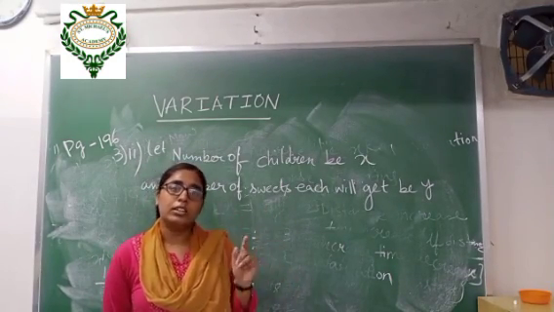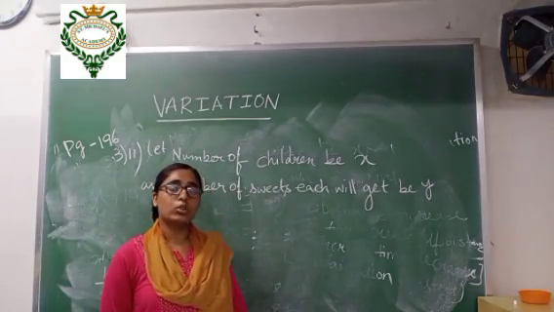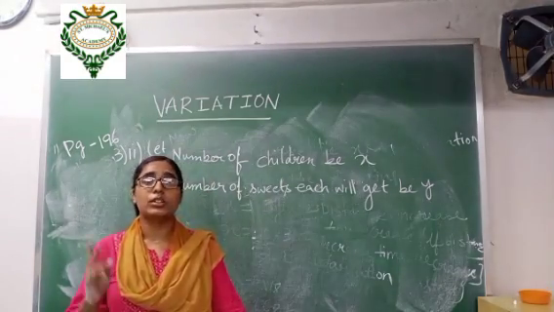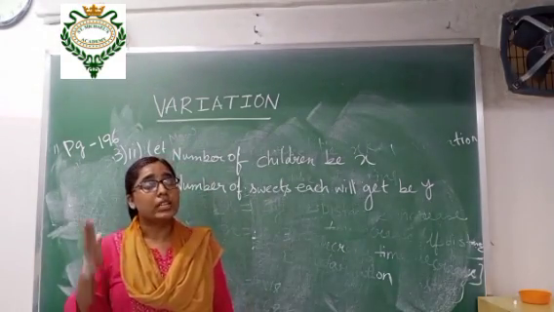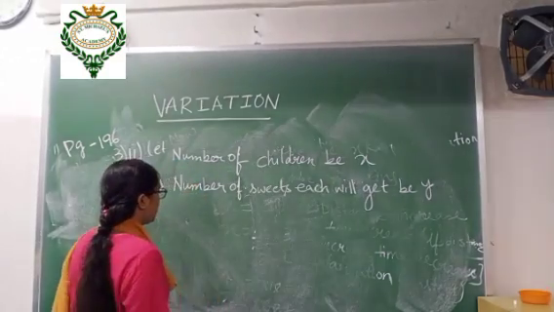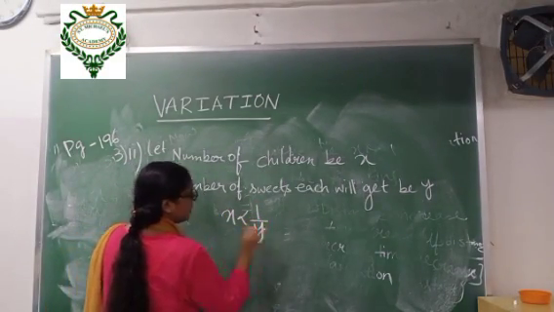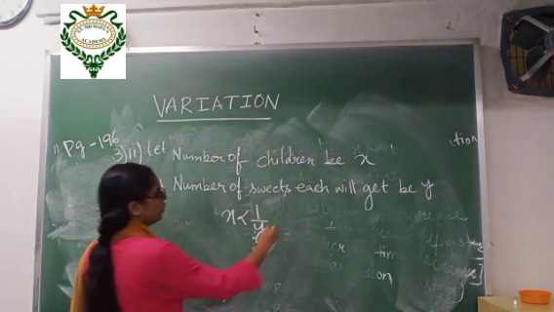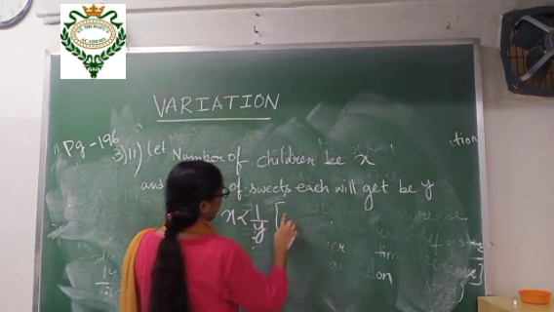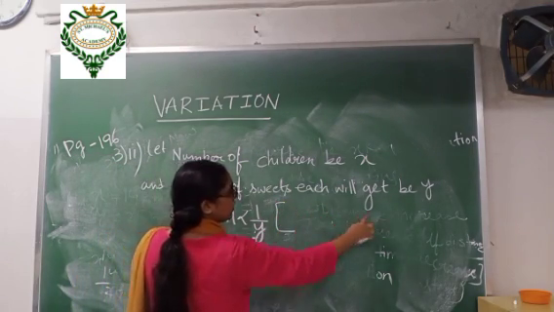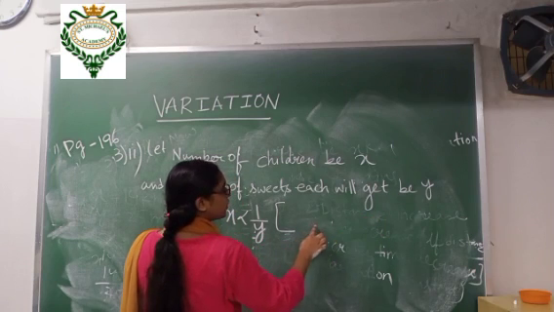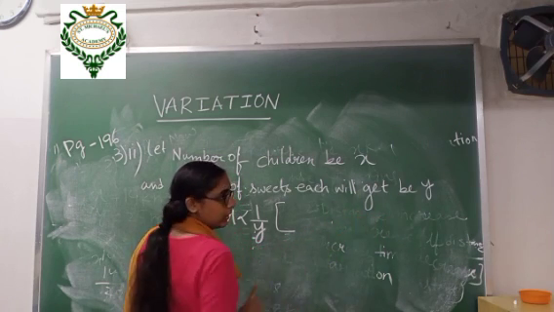What will happen? Each one will get only 1. Means if the number of children increases, sweets will decrease. So the relationship between x and y is indirect relationship. You have to write here. Why is it indirect? What you will write? If x will increase, y will decrease, and if x will decrease, y will increase.